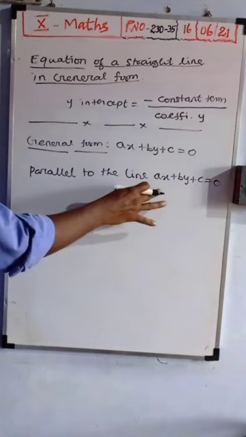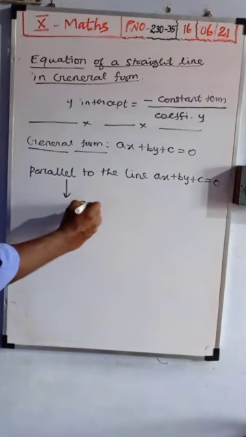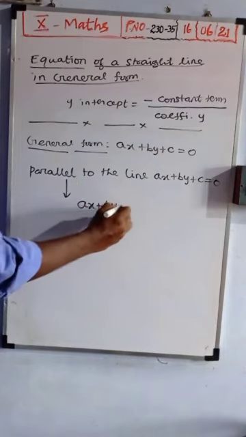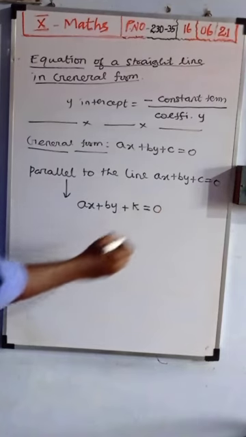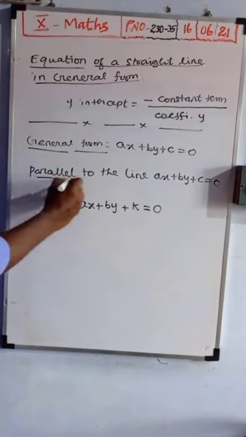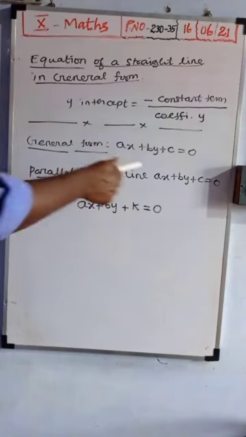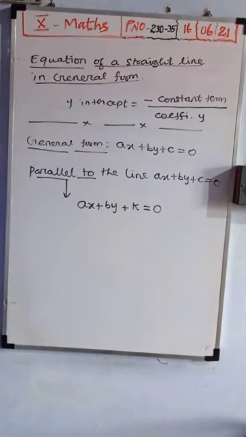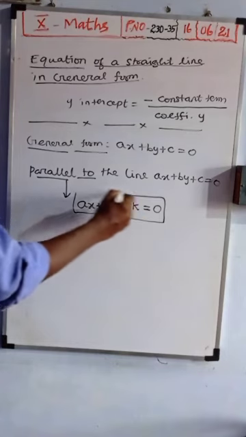What does a parallel line mean? The same ax plus by, and only the constant term will change. So one more parallel line is ax plus by plus k is equal to 0.